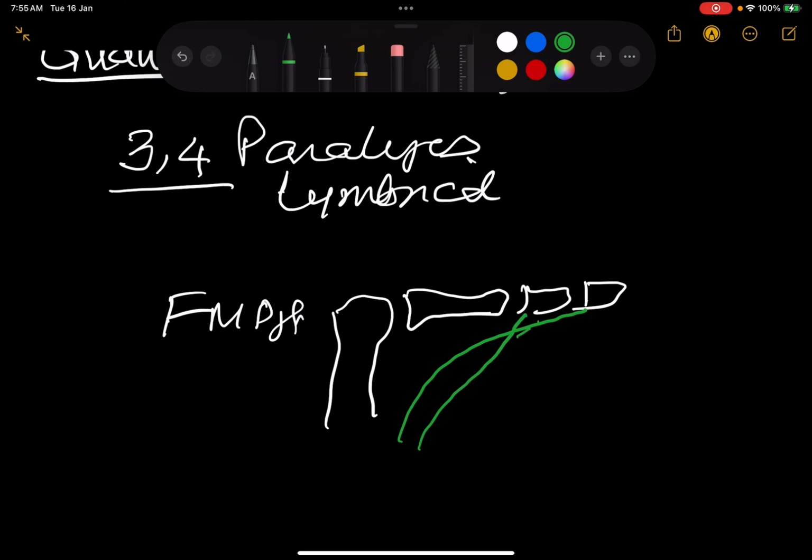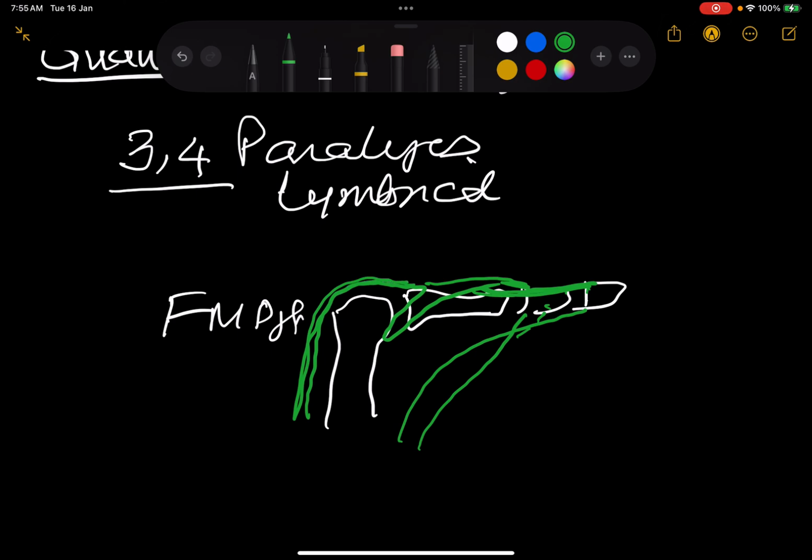It's dividing into two and flexing the PIP joint. And here is the extensor digitorum longus tendon, dividing into an extensor expansion, inserted like this and like this across, extending both PIP and DIP joints. This is the extensor digitorum longus tendon.